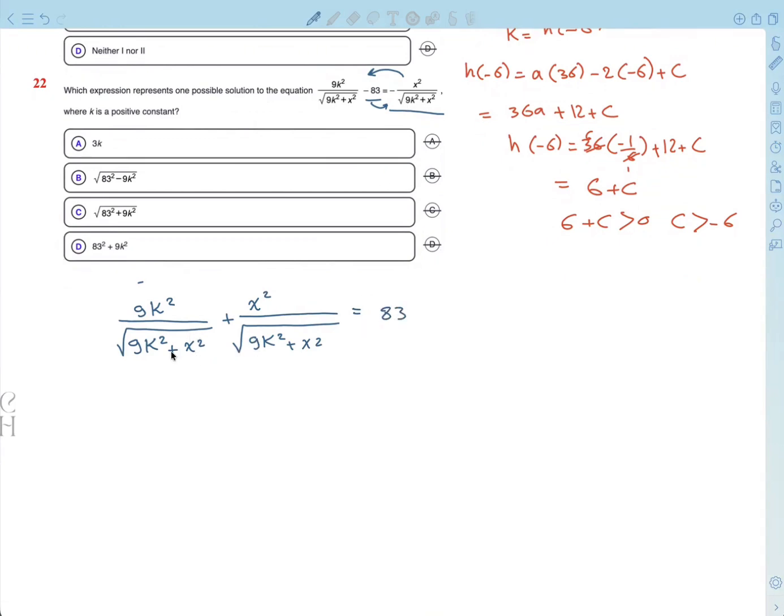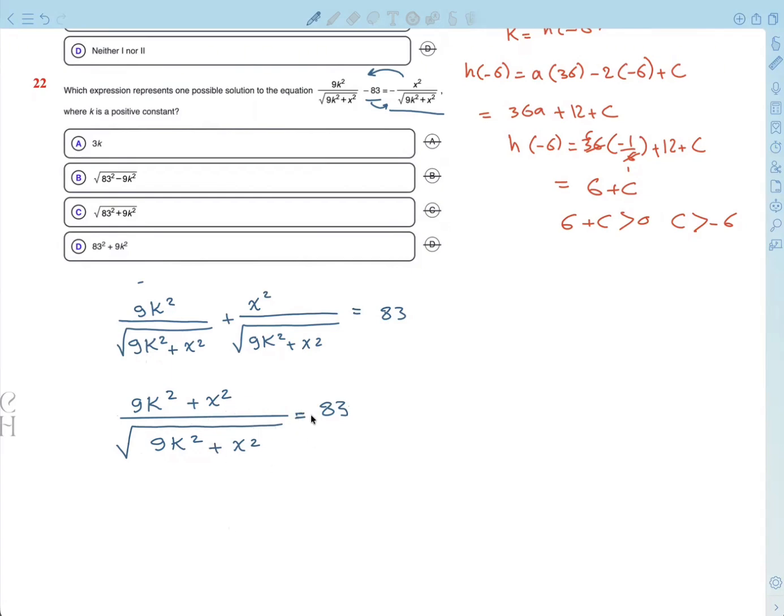On the left-hand side, you have the same denominator, so you can add both fractions, and we have root 9k squared plus x squared.